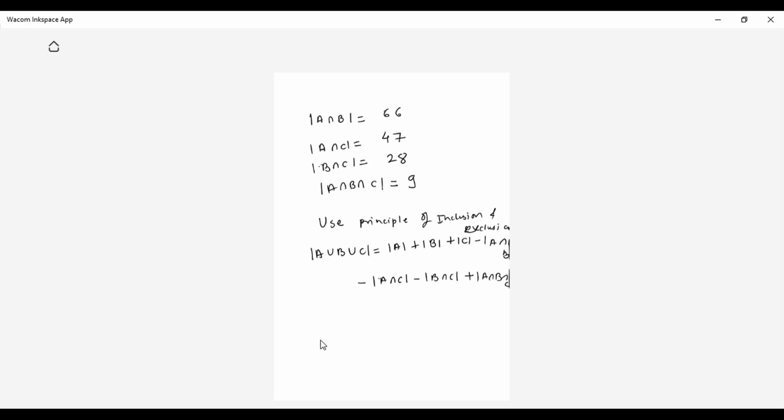Okay. Done. Now tell me what is the cardinality of A union B union C? What have you got? Anyone has got it? Just calculate it and tell me what would be the cardinality of A union B union C.